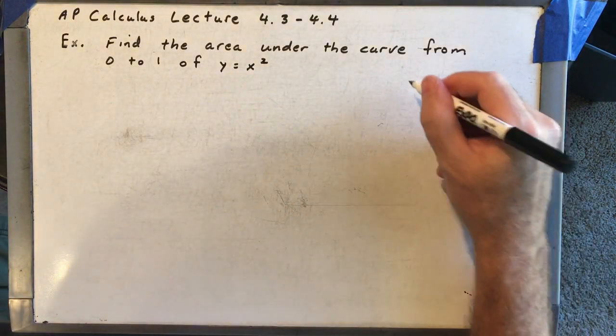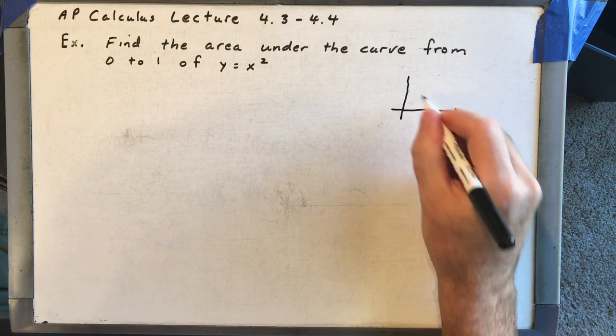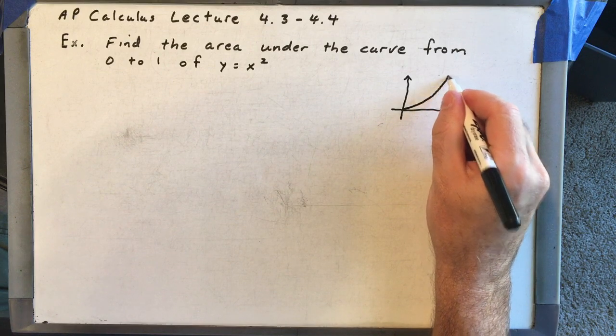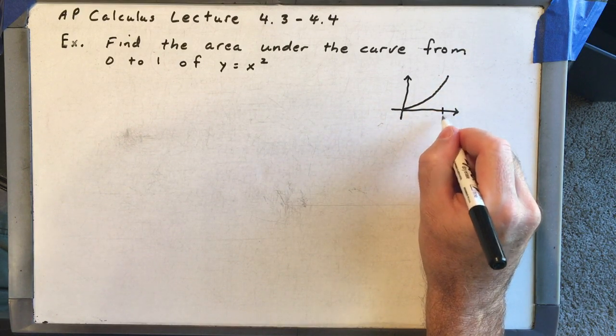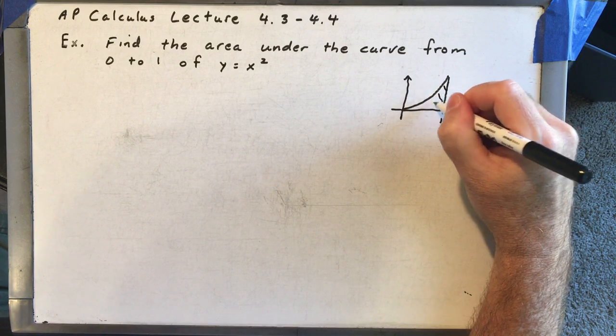Okay, so if we were to draw that, and we're just going from 0 to 1, that's a parabola, right? So we would just be looking at that side of a parabola, and let's say that's 1. So we're looking at that area.